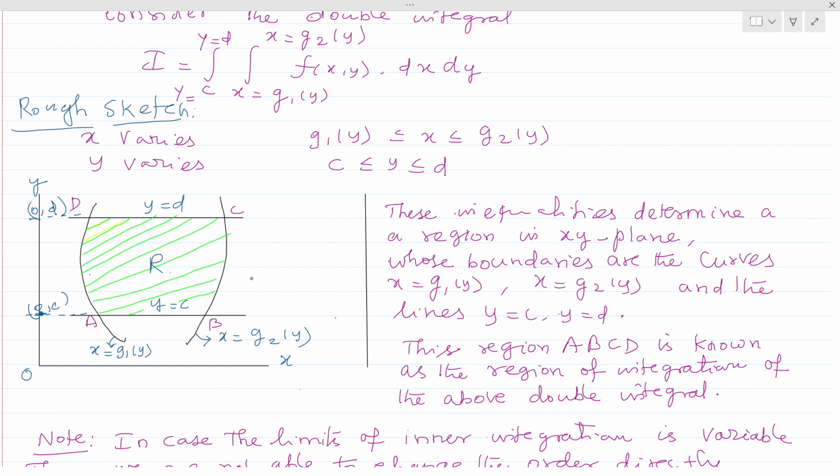But the limits of x are functions of y. Then how can we draw the function for this? The first is x equal to g1 of y, and x equal to g2 of y.